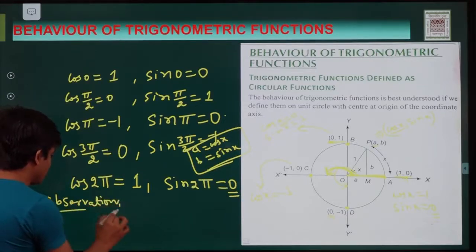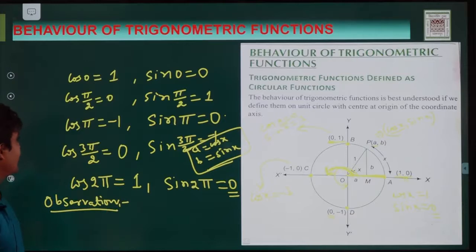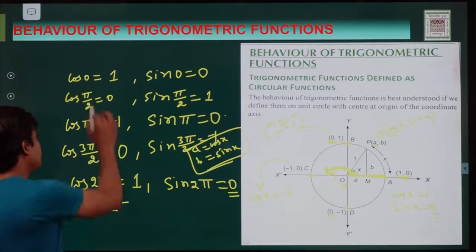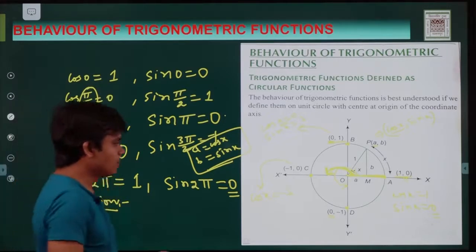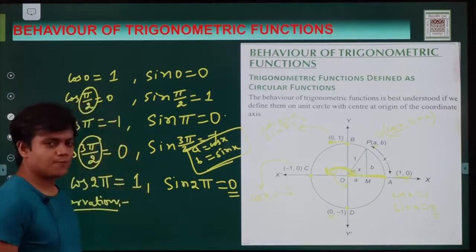What can we observe from here? We can observe that at pi by 2 and at 3 pi by 2, we have 0.